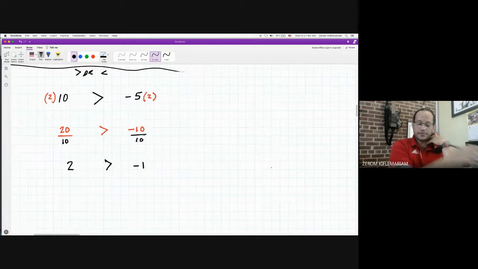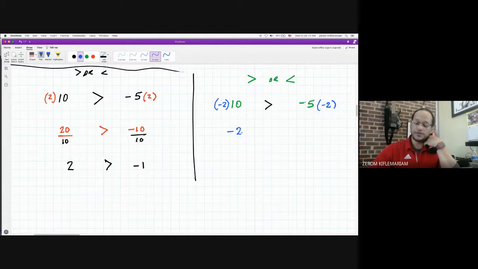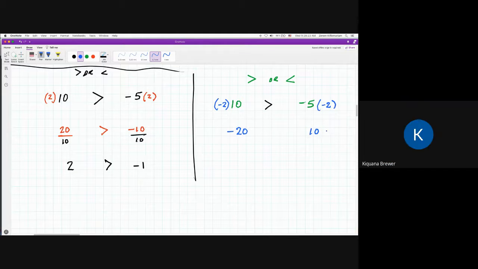But let's look at the same numbers. This time, what goes in between 10 and negative 5? The sign was greater than. But this time I'm going to multiply this by negative 2. Negative 2 times 10 gives me negative 20. Negative times negative gives me positive. What sign goes in between? Less than.